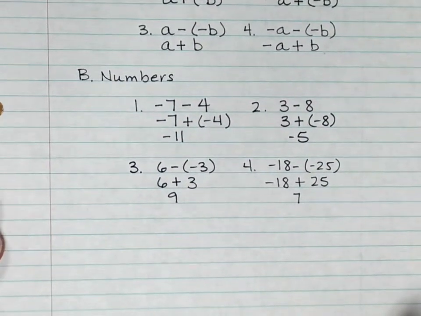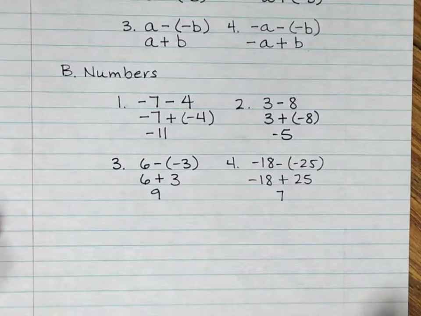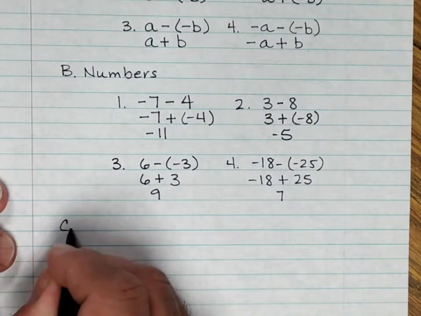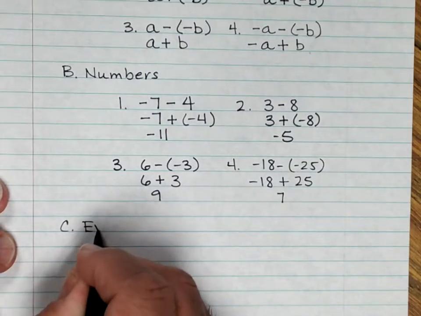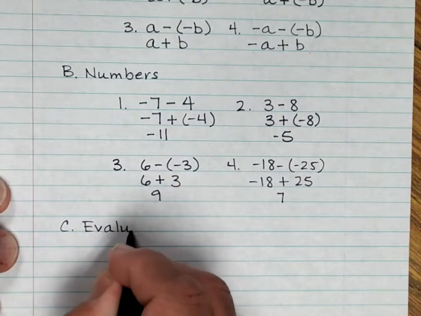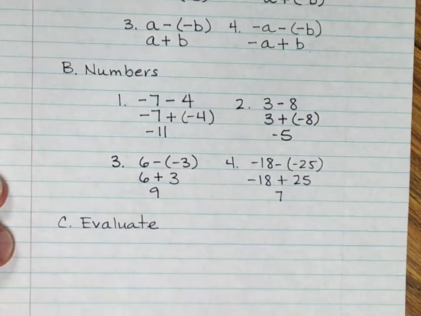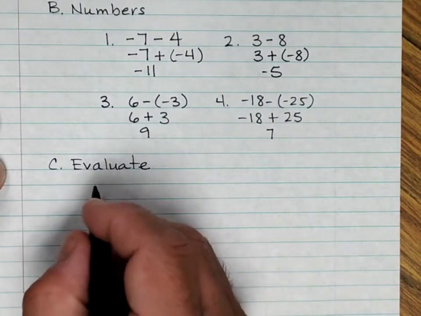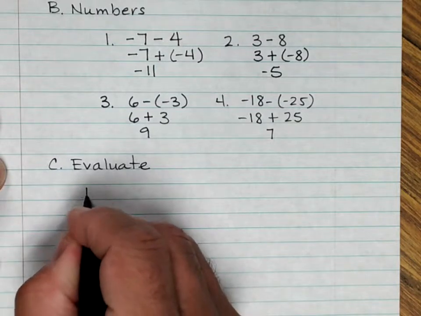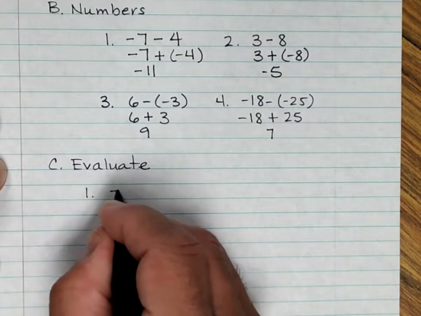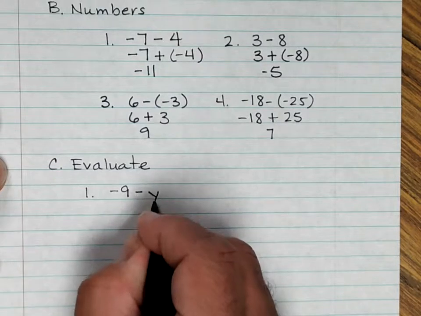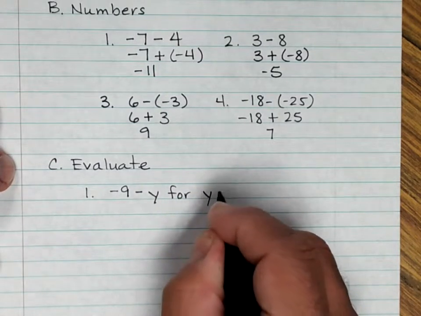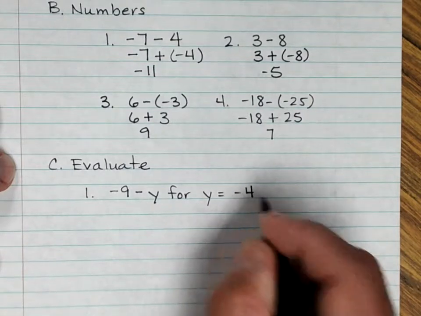Alright, so I kept it pretty basic and straightforward. Now we're going to get into some evaluating the expressions. Negative 9 minus y for y is negative 4.